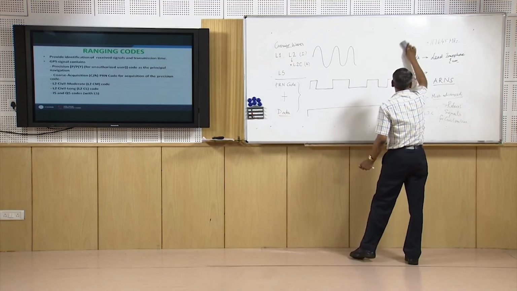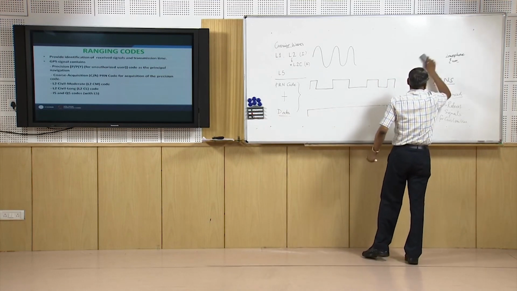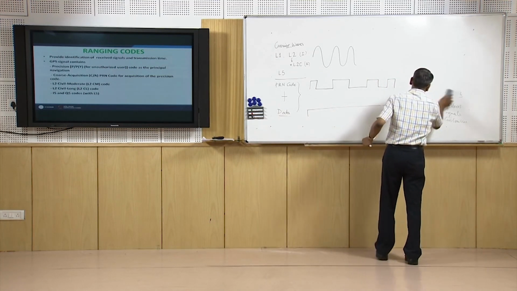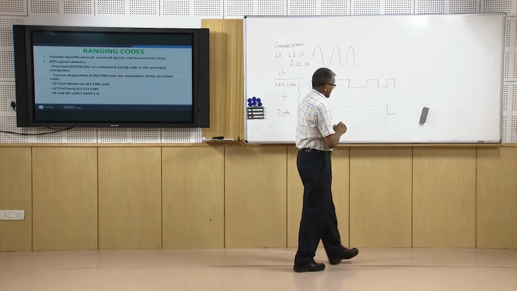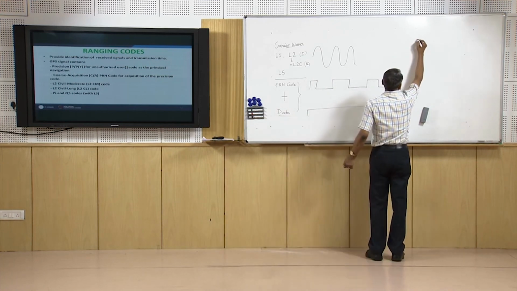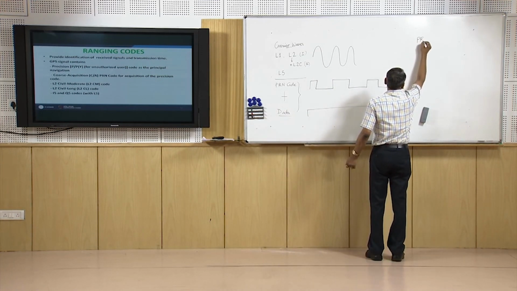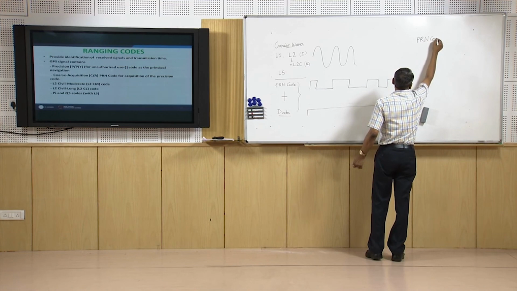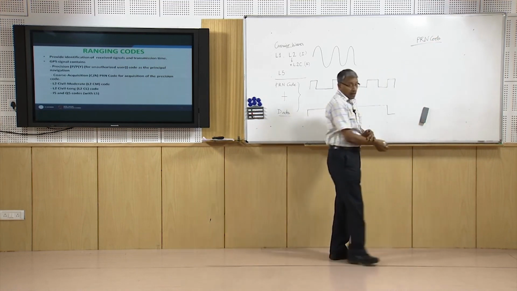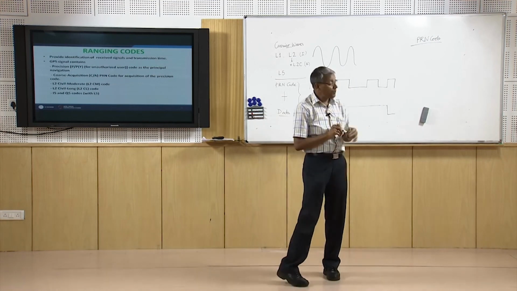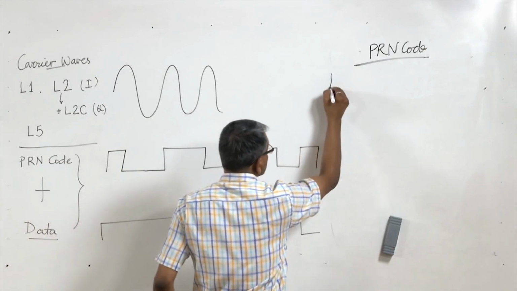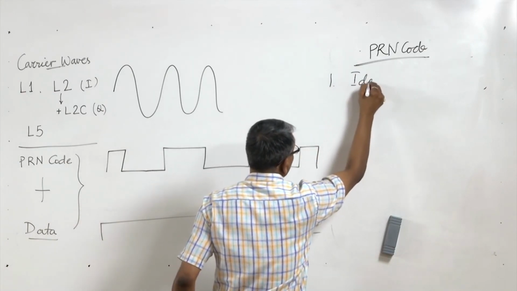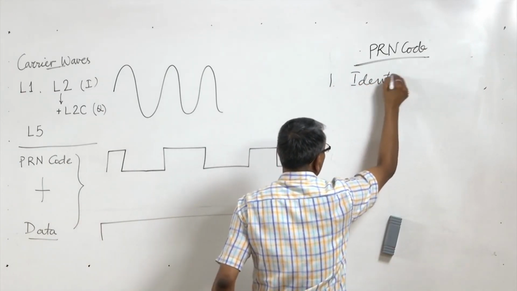So with this we can now look into the part of the navigational code, PRN, pseudo-random noise code or ranging code. It has different names. The most important function of the PRN code is it provides identification to the signal.